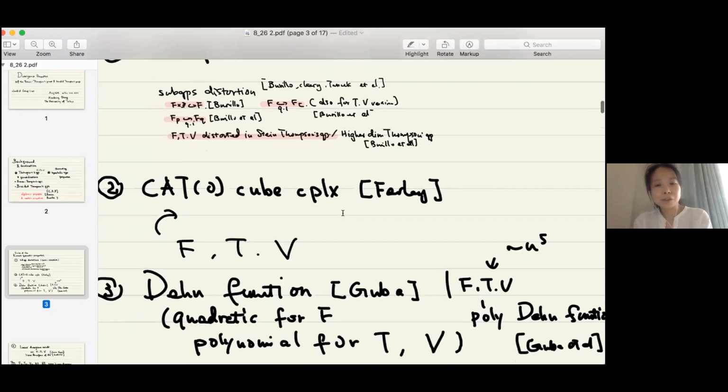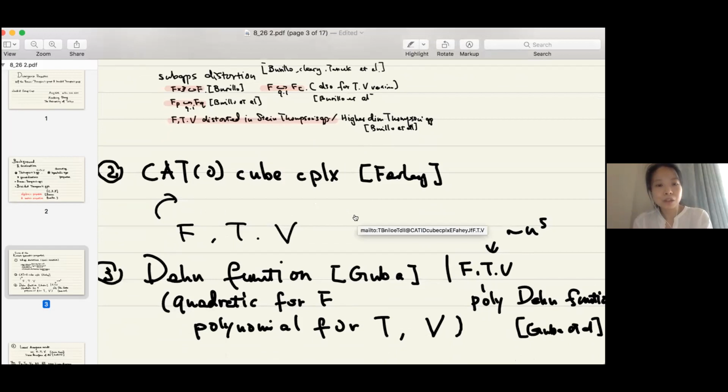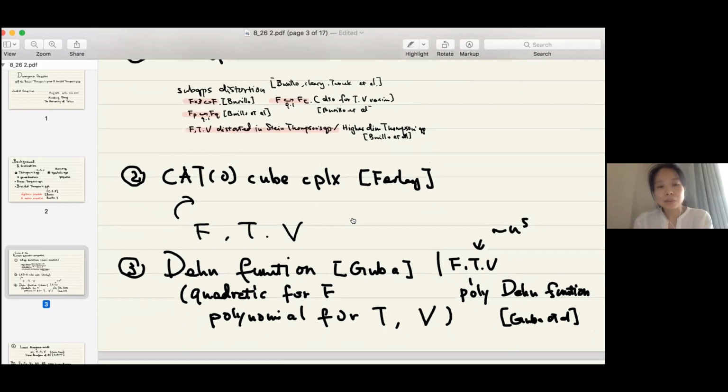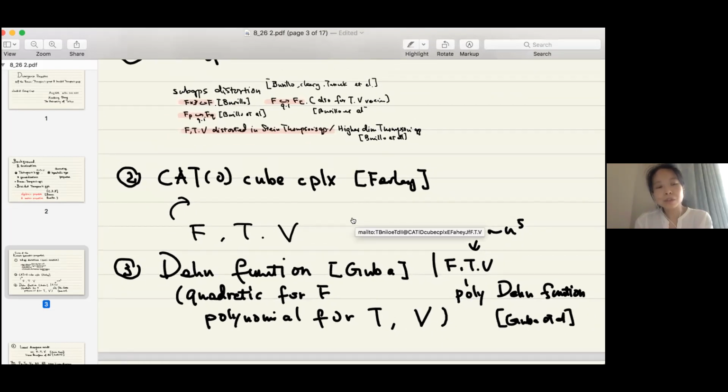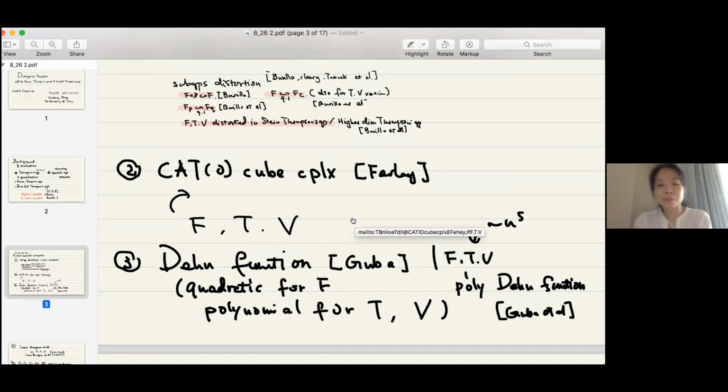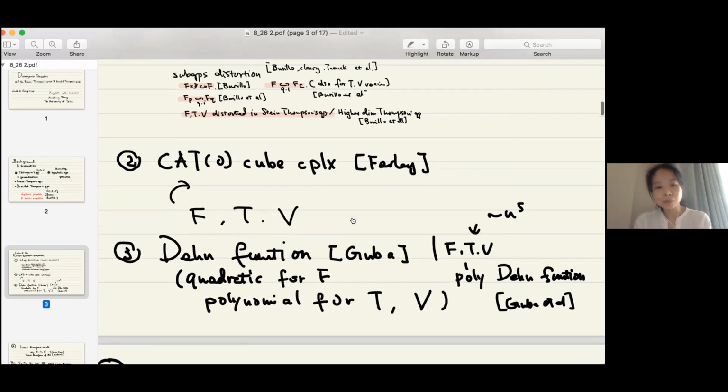And there is also this really nice CAT(0) cube complex that the groups are acting on properly, defined by Farley, but the action is not geometric. So the groups are really close to being CAT(0), but this has not yet been proved.